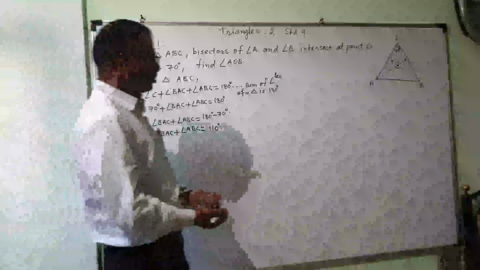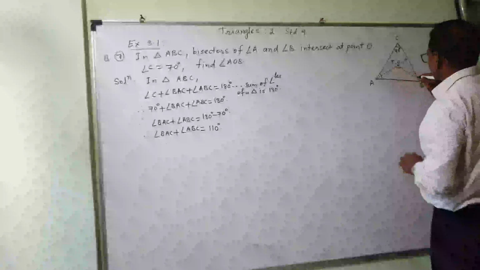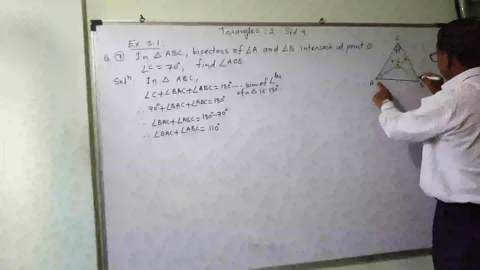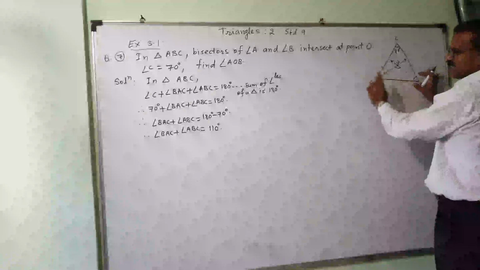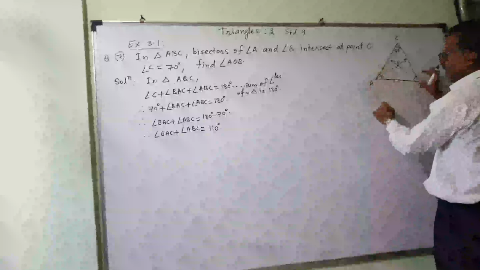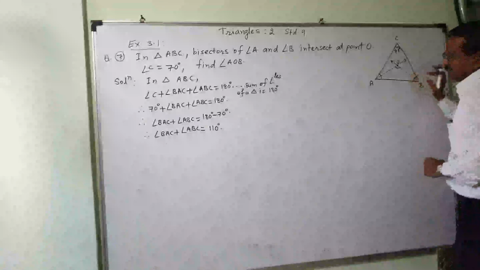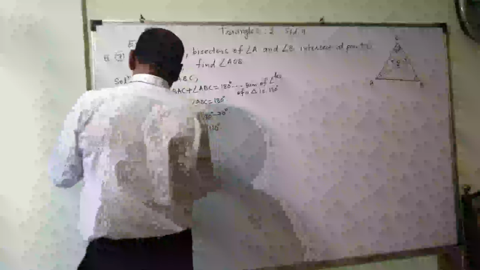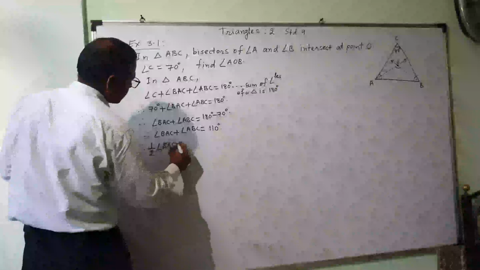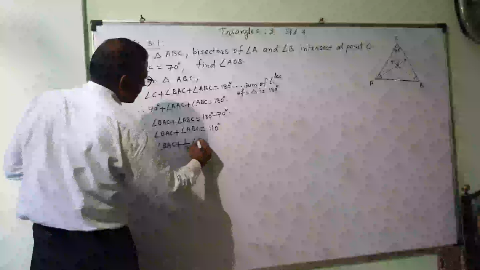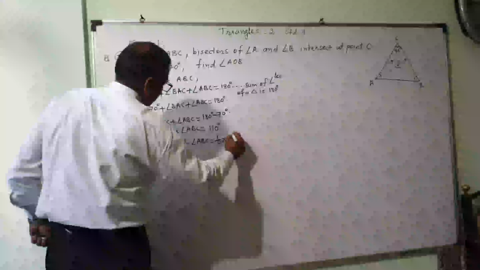So the sum of this angle BAC and this angle ABC is equal to 110 degrees. If I make half of this, I will get this angle. If I make half of this, I will get this angle. Therefore, 1/2 angle BAC plus 1/2 angle ABC is equal to 1/2 into 110.